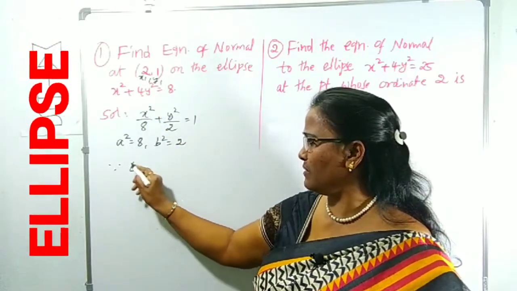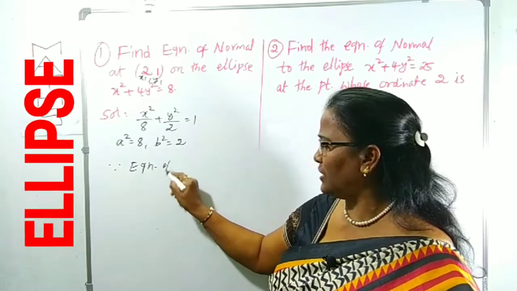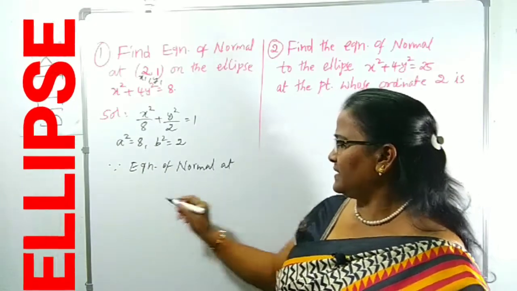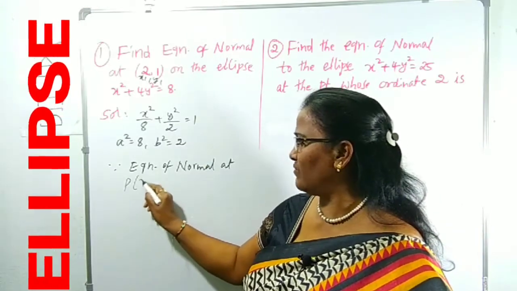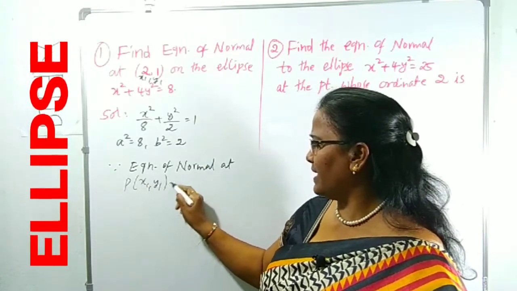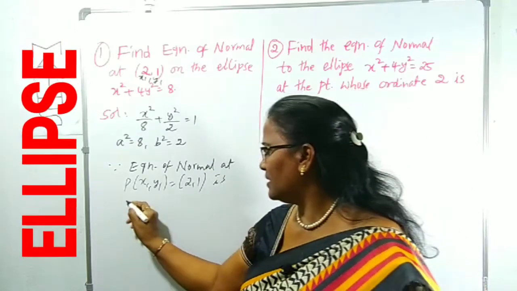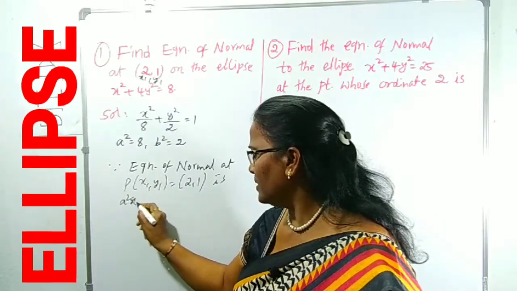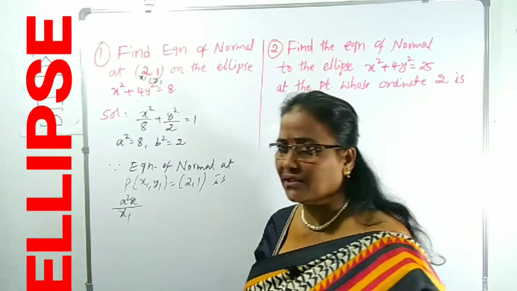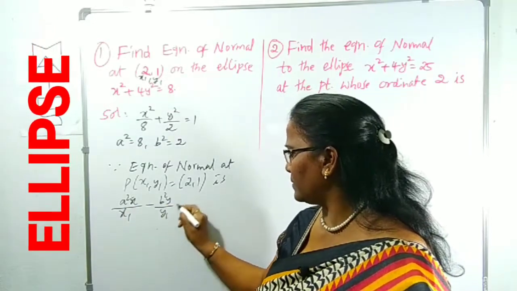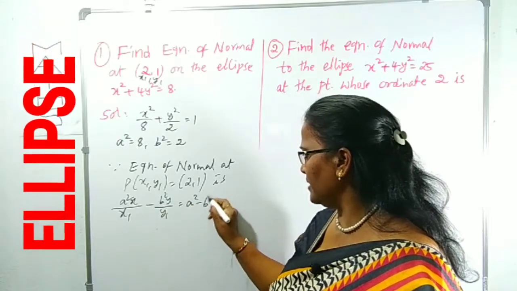What is the equation of normal? Equation of normal at the point (x1, y1), given as (2, 1), right? Tip here. We have to concentrate. a square x by x1 minus b square y by y1 is equal to a square minus b square.